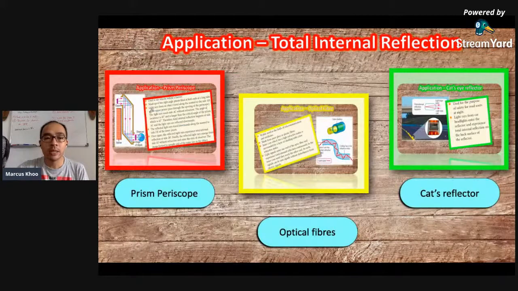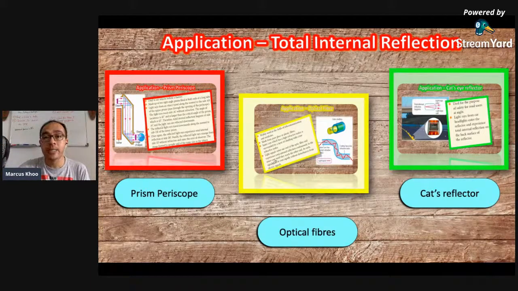Okay, another one is the Prism Periscope. Prism Periscope is the one that we use, for example, if you want to spy on someone's house, and there's a wall over here, or in a submarine. We use a periscope also, to see what's on the surface, especially if the submarine is already submerged in the water.